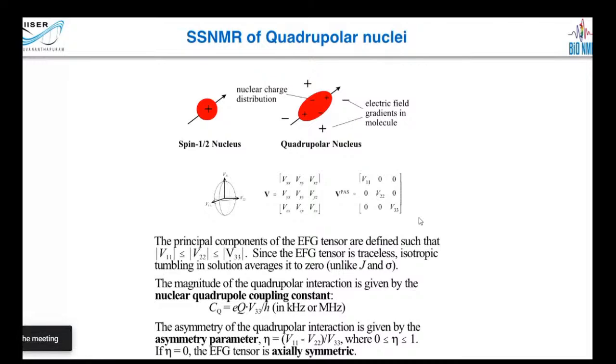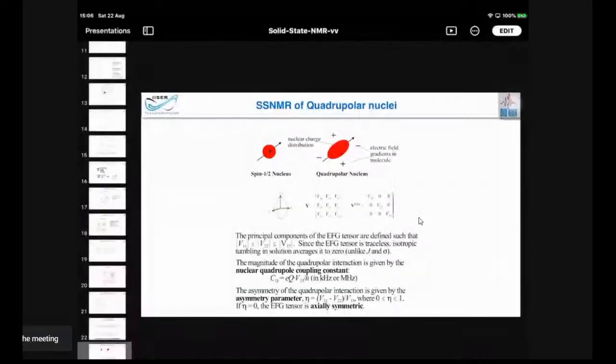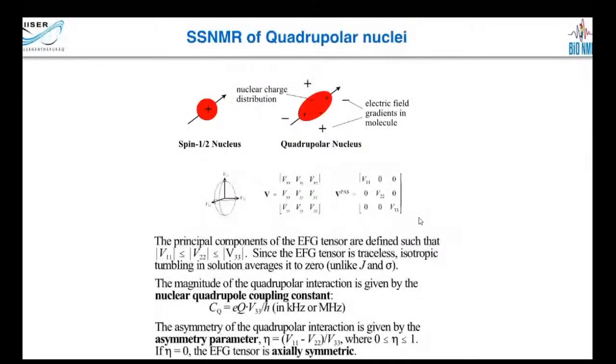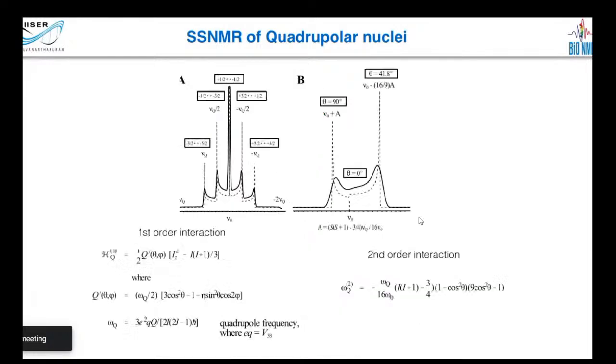That means V11 plus V22 plus V33 is actually 0. So in solution, this quadrupolar interaction actually vanishes. But in solid, this will be present, and that will be a huge problem.